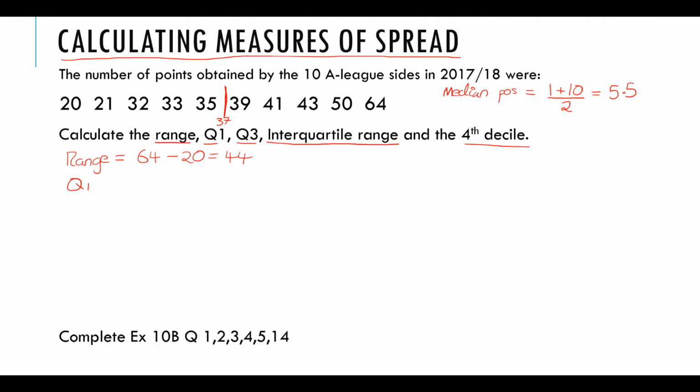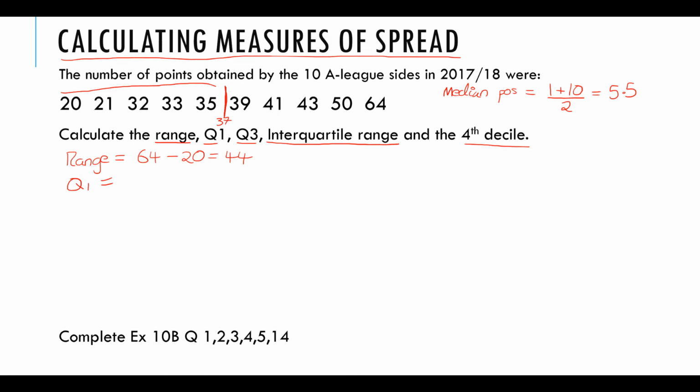Okay, how does that help us? Well, the lower quartile, put simply, is the median of the list that's to the left of the median. So we've got the median of 37. On the left of the median are 5 numbers. We go from 20, 21, 32, 33 to 35.